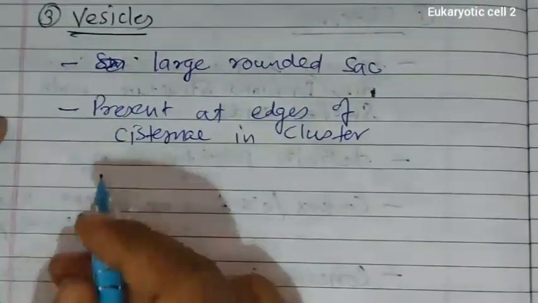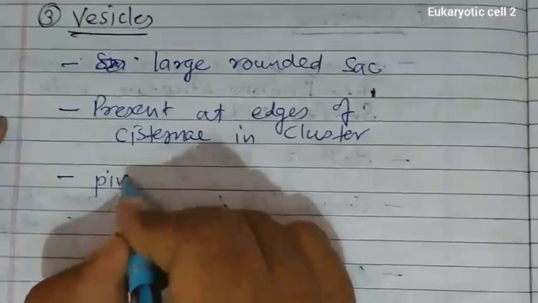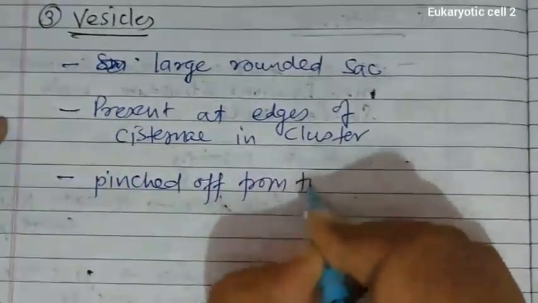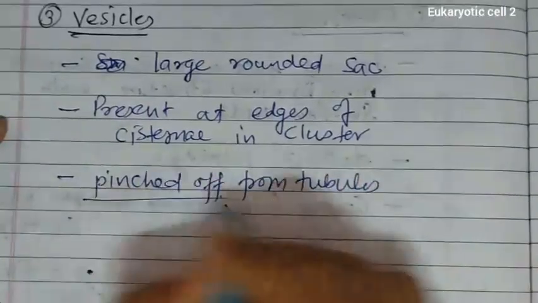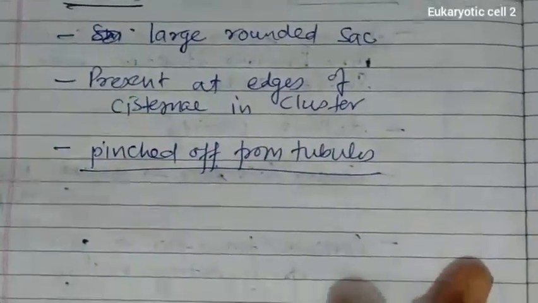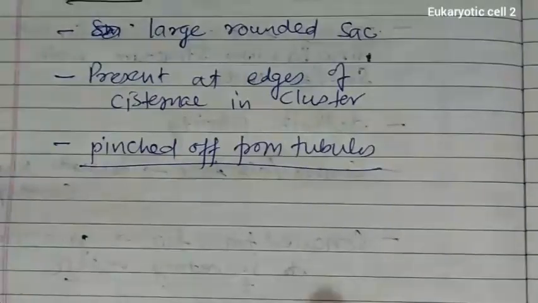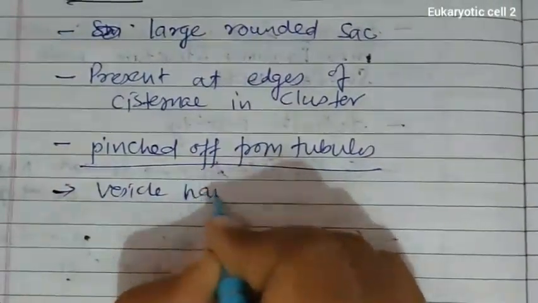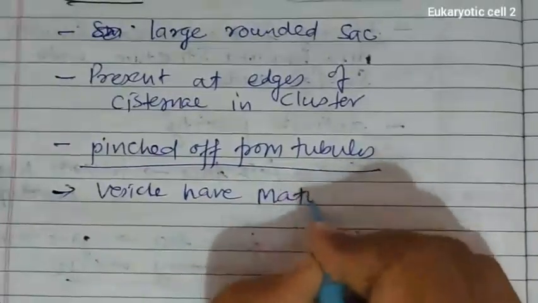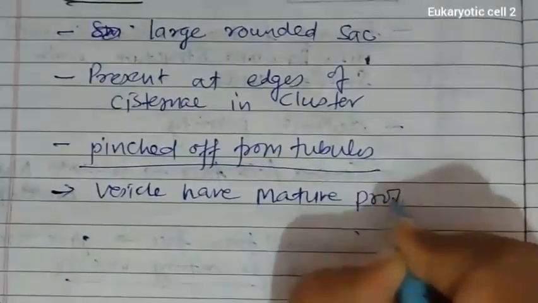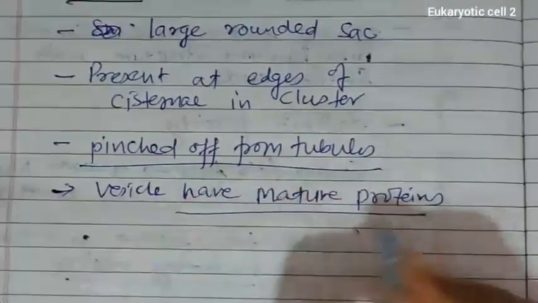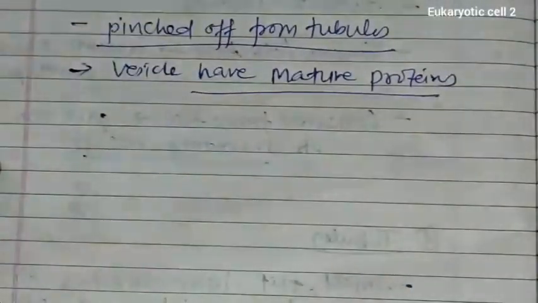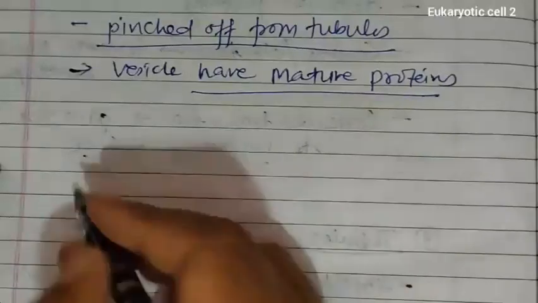These are pinched off from tubules. Okay, and this vesicle has mature proteins.